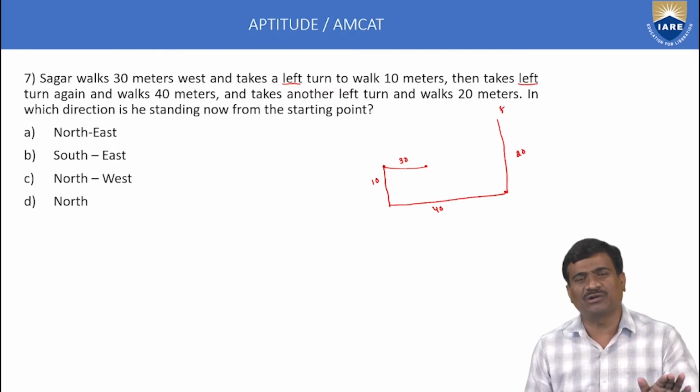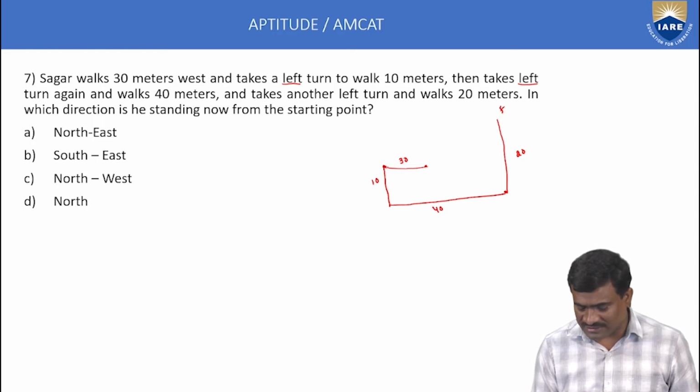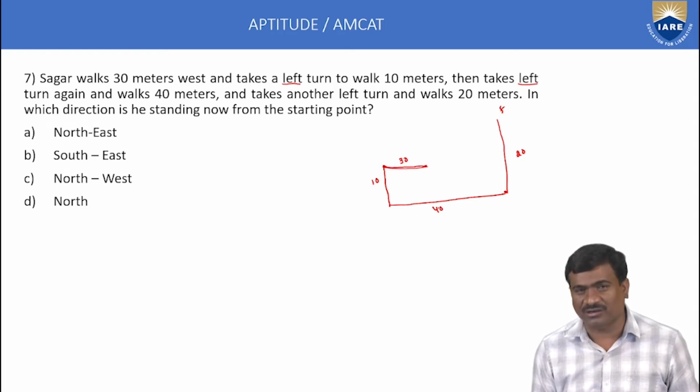Here it is important to check whether the distances are equal or not. This distance is 30, below is 40, not equal. This side is 10 meters, this side is 20 meters, not equal. This point is the final point and this point is the starting point.